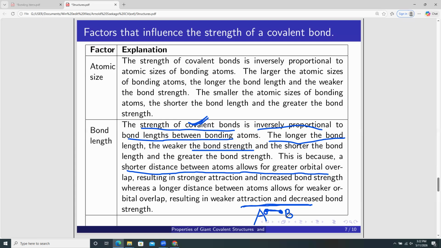The orbitals of A and the orbitals of B are very close, so they end up mixing, with almost no space separating them, as compared to when the distance is long. That's why a longer distance between atoms allows for weaker mixing. The mixing is there, but the atoms are not so close to each other. Therefore, that results in weaker attraction and decreases the bond strength.